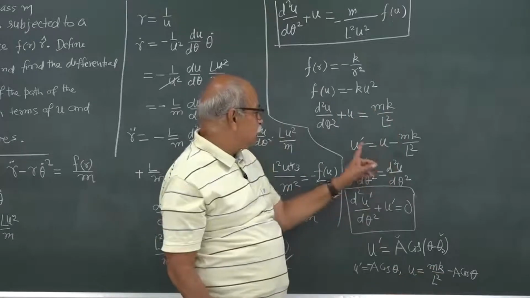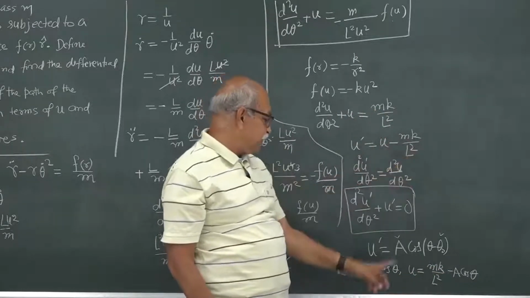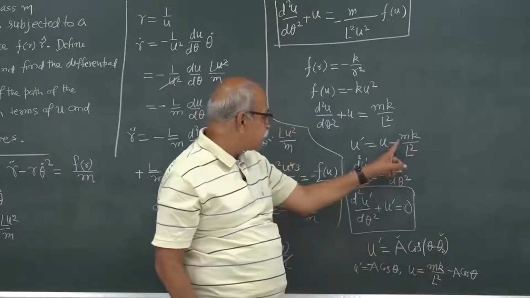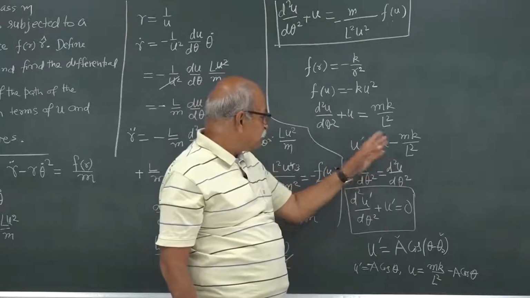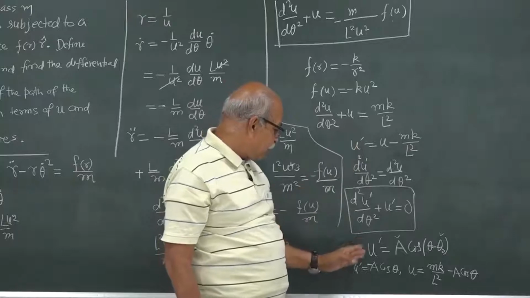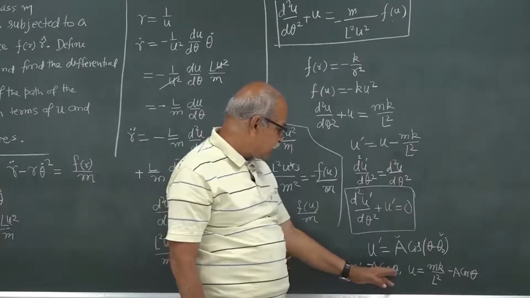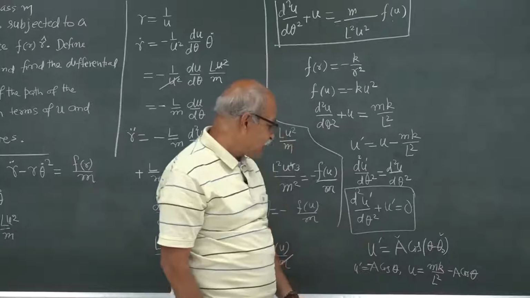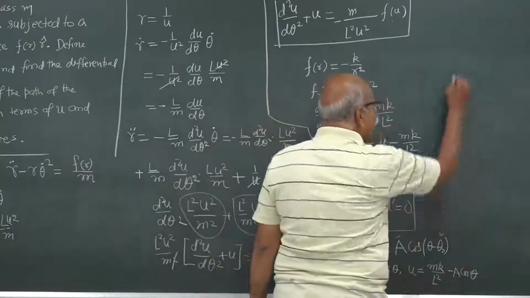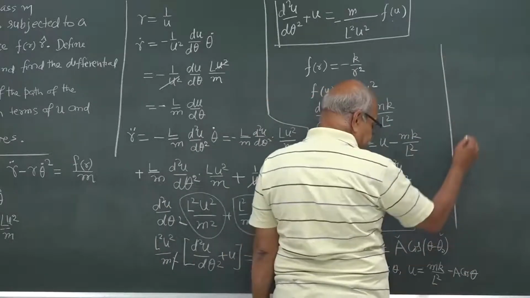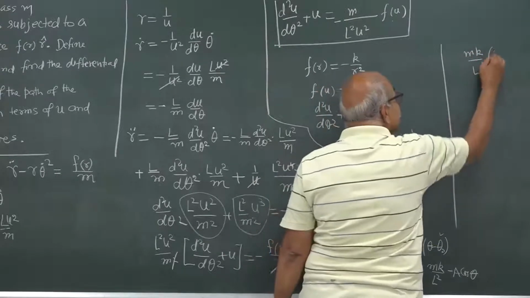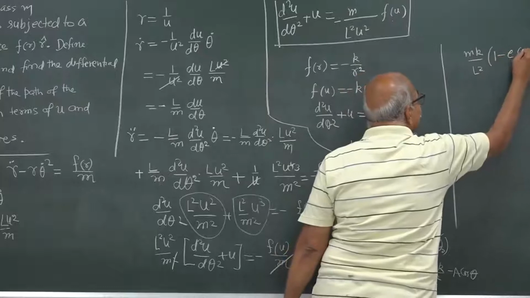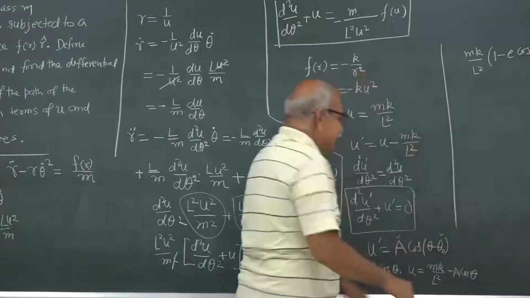u is equal to u prime plus mk by L square. So, mk by L square is here plus this u prime. u is equal to this plus u prime, and what is u prime? u prime is minus a cos theta. So, if you take common, you can write this as mk over L square times 1 minus e cos theta, where e is another constant.